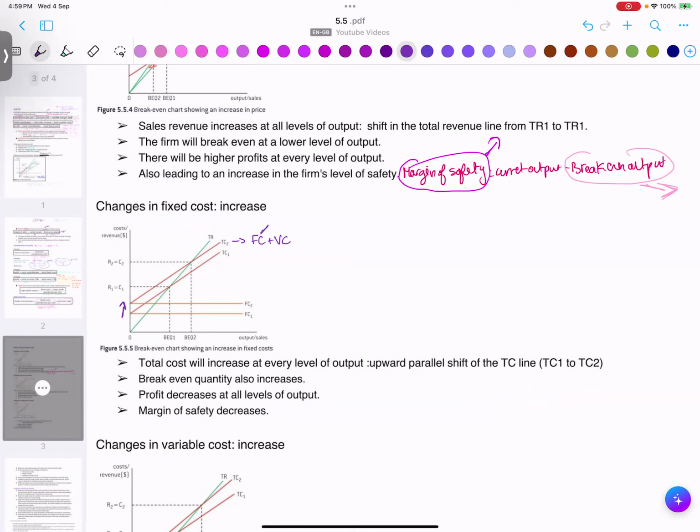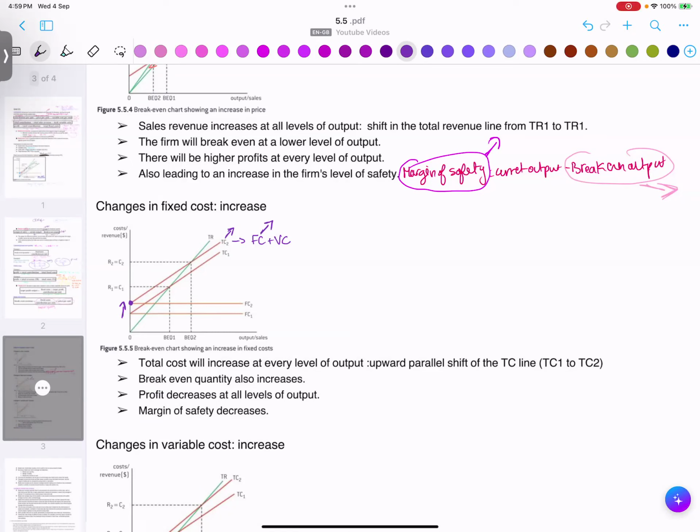Once fixed cost increases, so does total cost. So total cost will start at a greater number on the y-axis. And then the break-even level of output will have to increase.